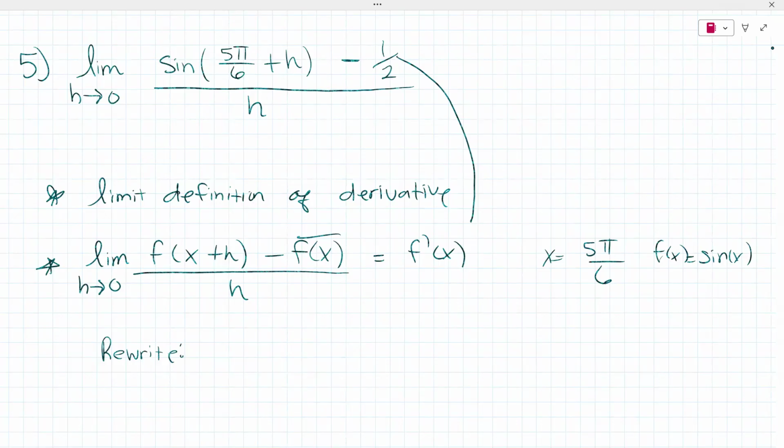Let's find f prime of x, because part of it says we need to find f prime of x. So what's the derivative of sine of x? It is positive cosine of x.